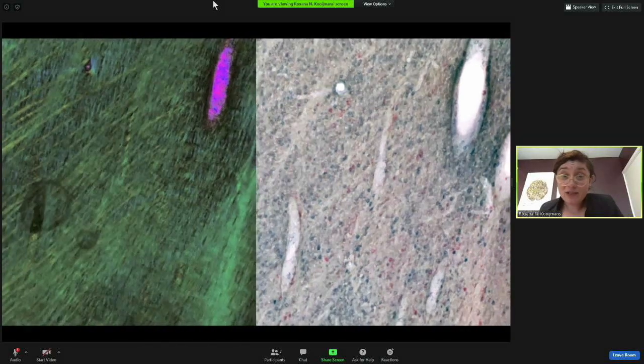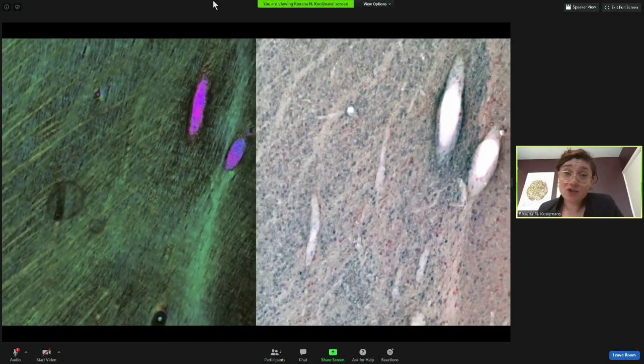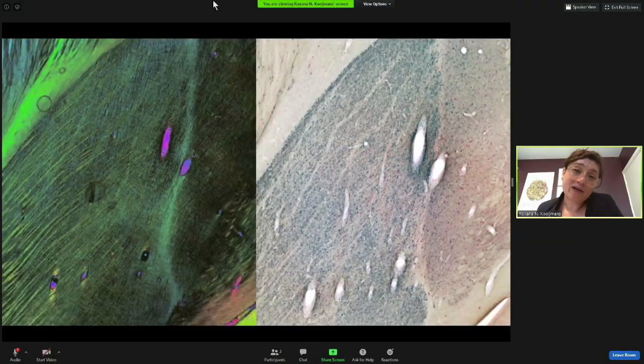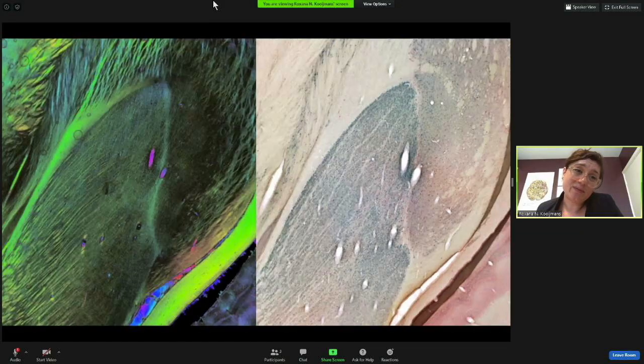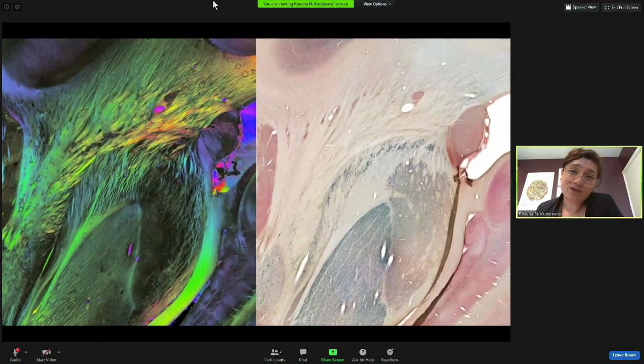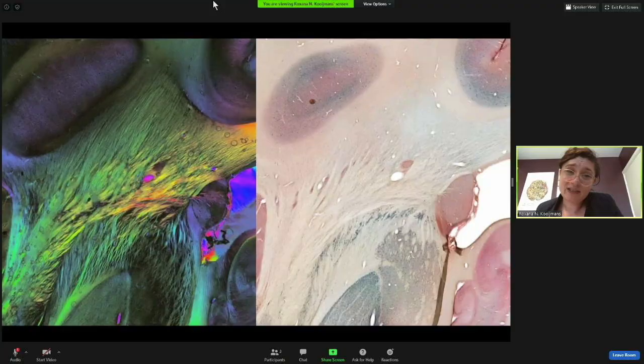So if we zoom out again and we follow the optic tract, you can see from Marcus's image how the fibers orient and how they flow towards primary visual cortex.